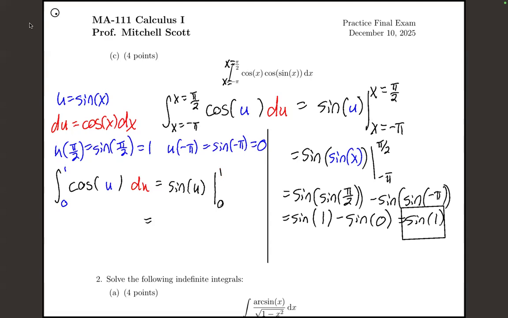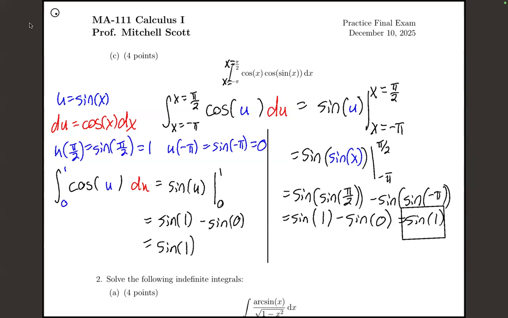So this is going to equal sine of 1 minus sine of 0 by the second fundamental theorem of calculus, which just equals sine of 1. So as we see, we do end up with the exact same answer, whether we keep the bounds in terms of x or convert them in terms of u.